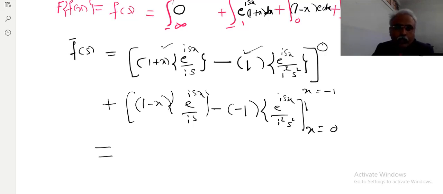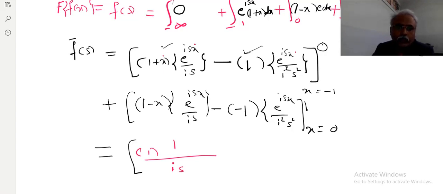Now substitute carefully, wherever x is there. First this part: upper limit 0 minus lower limit minus 1. Here also 0 first, then minus 1. Upper limit x equal to 0: 1 plus 0 is 1, e raised to 0 is 1. This part is common because there is no x here.